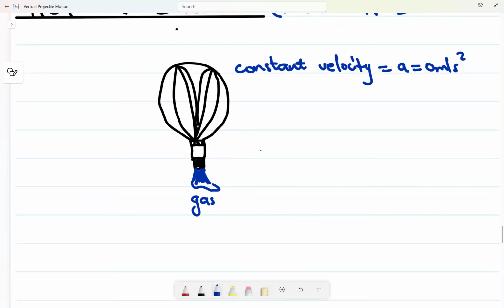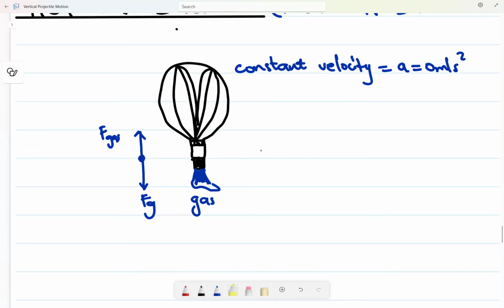So now, can you see the forces acting? It is now Fg, as well as the force of the gas. Can you see now? Two forces are acting on this hot air balloon. So it means now it is not in free fall.